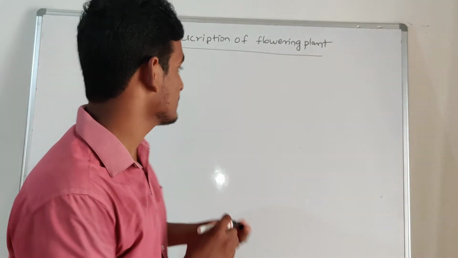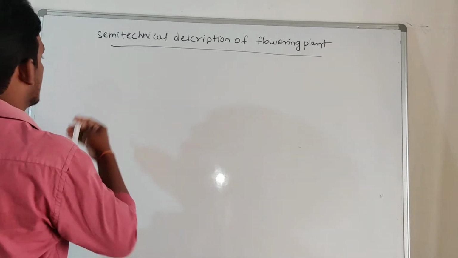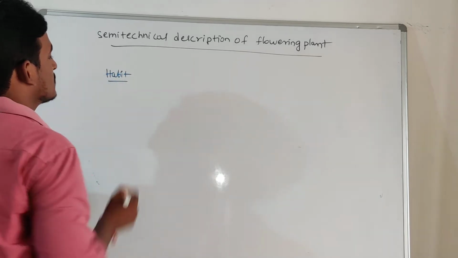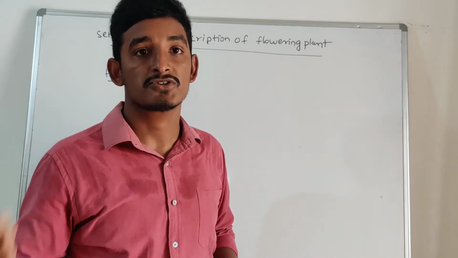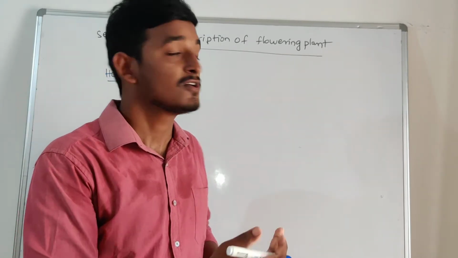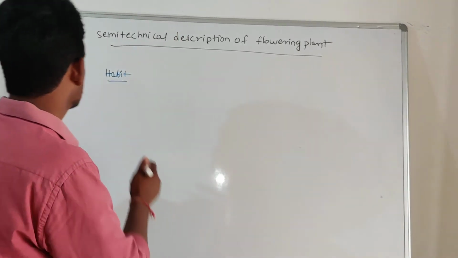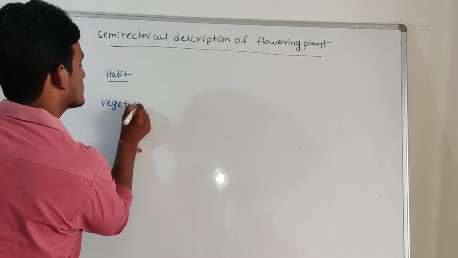If you want to describe it, you should start with the habit: where it is available, and whether it is a shrub, herb or tree. You should mention all those details in the habit. After this, you should mention the vegetative characters.